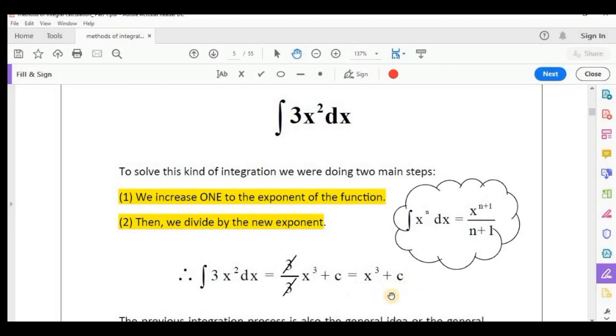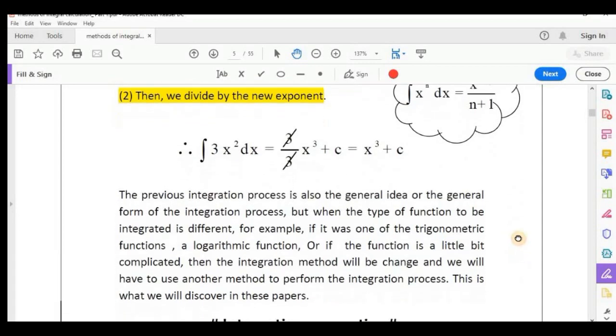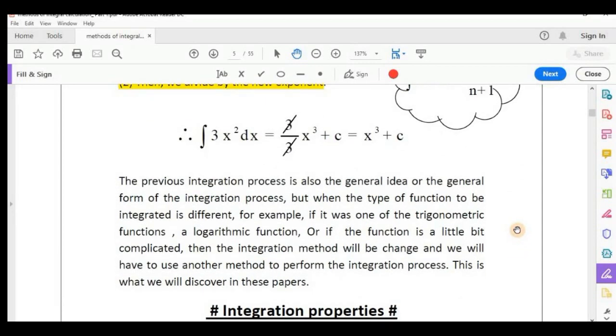And this function gives us the original function from the previous example. The previous integration process is also the general idea or general form of the integration process.